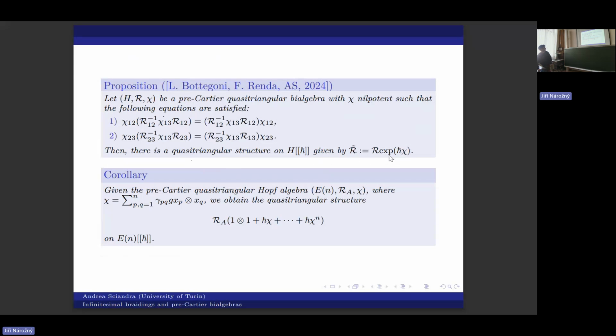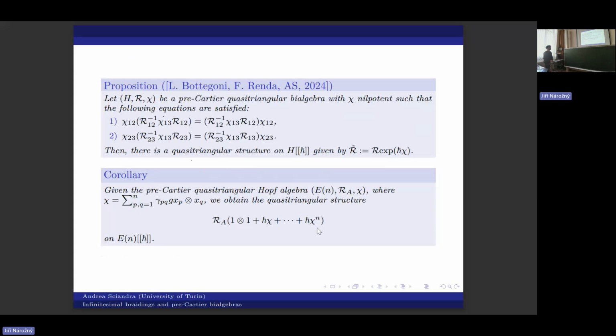And so we can apply this to En. We know that En has this pre-Cartier structure, and so we obtain this new quasi-triangular structure on the trivial topological bialgebra on En, given by this. So it's just the quasi-triangular structure of En, which multiplies this sum of chi to the n.